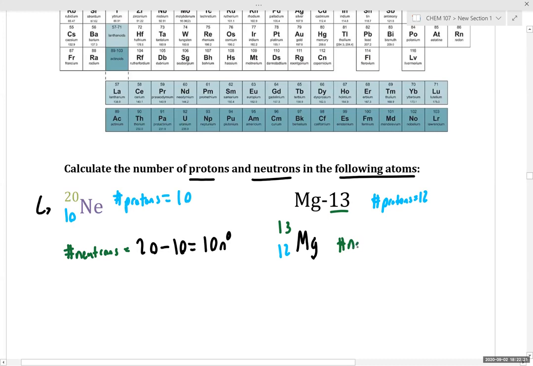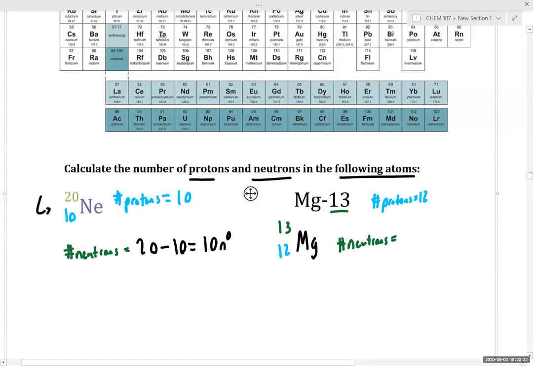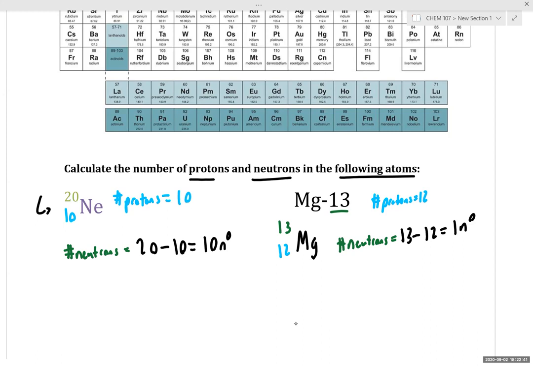So our number of neutrons is equal to our mass number, 13, minus the number of protons, 12, which gives us 1 neutron for this isotope. Does this make sense to everyone so far? Any questions on this example?